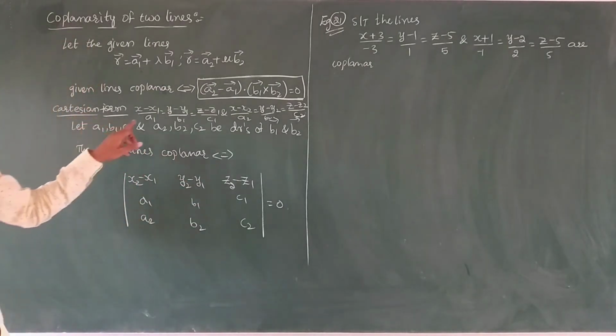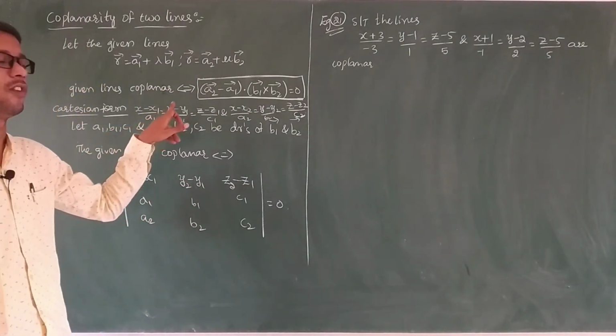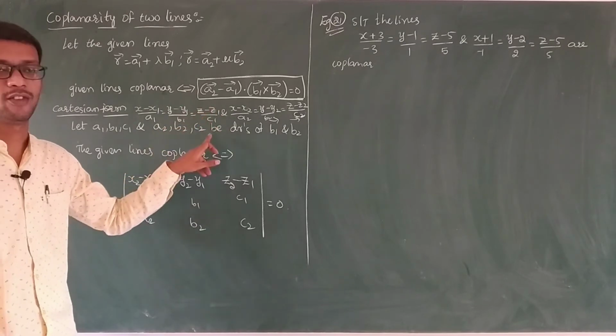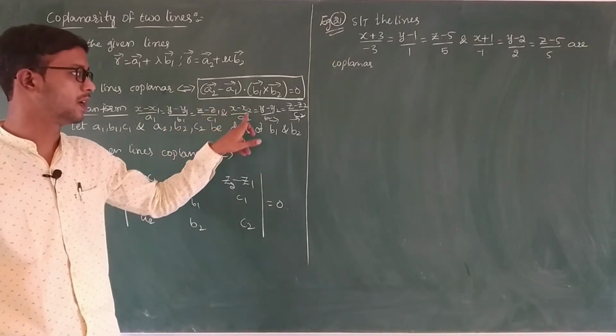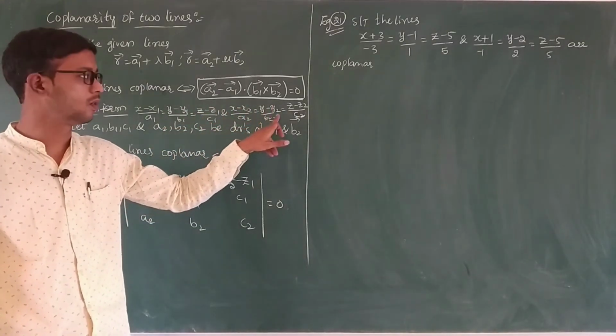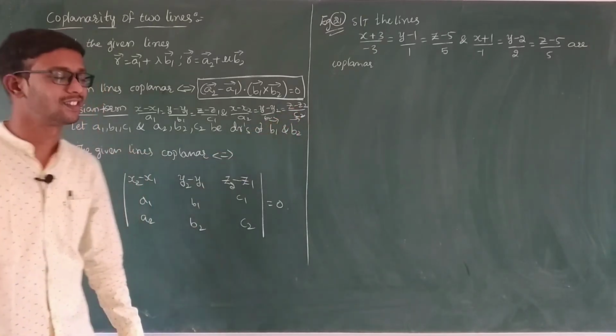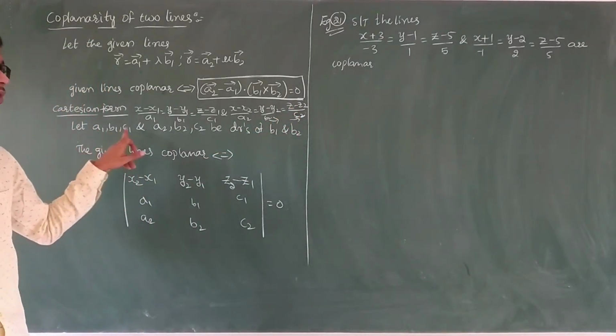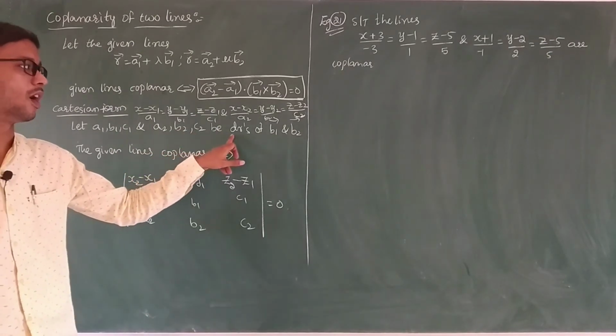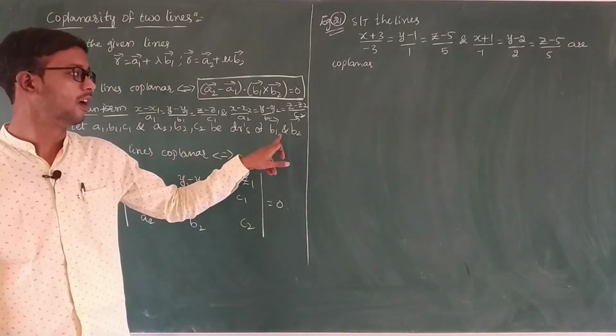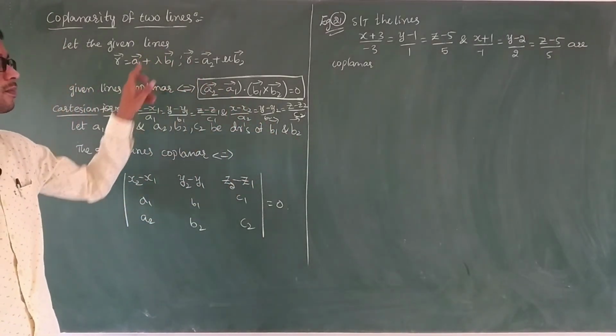Next, Cartesian form: x minus x1 by a1, y minus y1 by b1, z minus z1 by c1, and x minus x2 by a2, y minus y2 by b2, z minus z2 by c2. Let a1, b1, c1, a2, b2, c2 be the direction ratios of b1 bar and b2 bar.